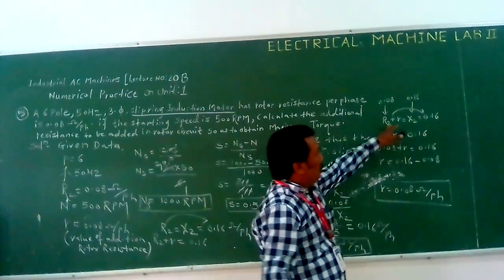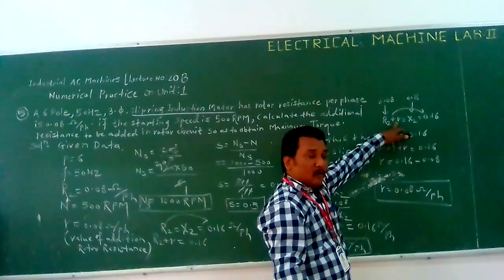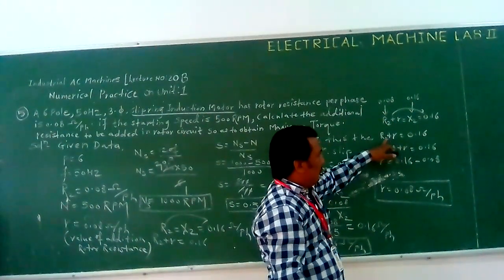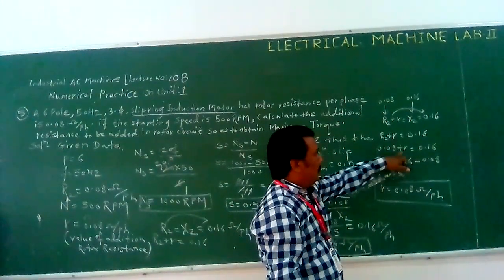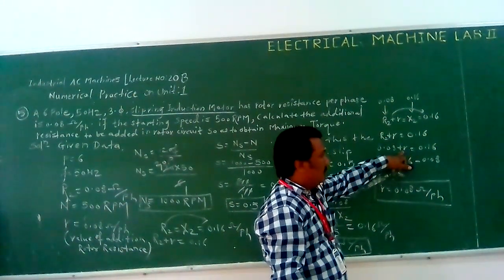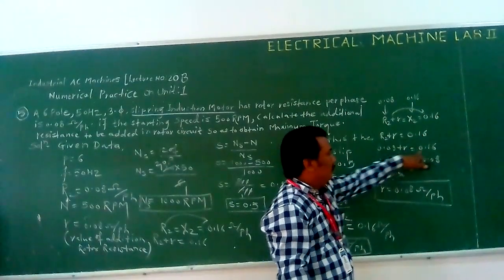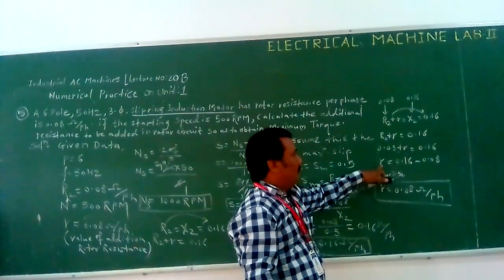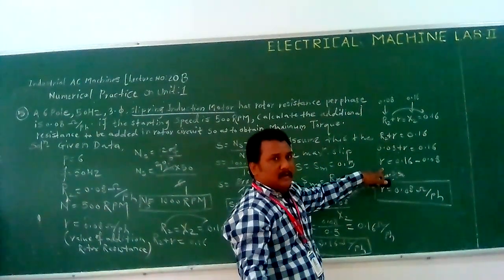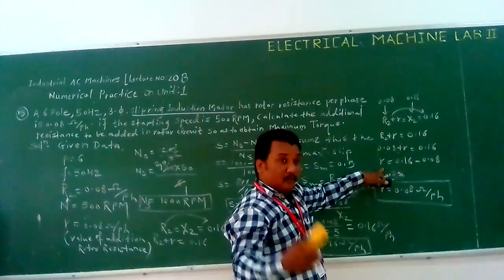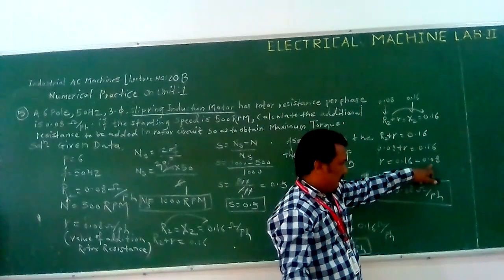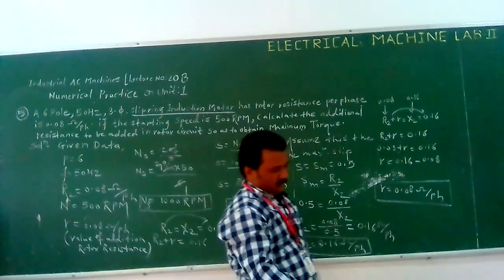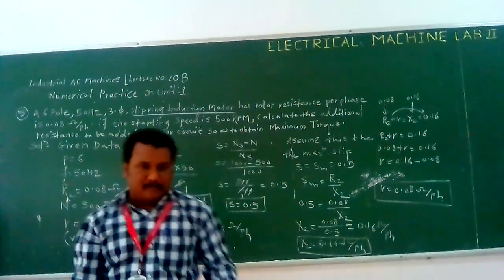From this we calculate the additional resistance: 0.08 plus small r equals 0.16. Finally, the rotor resistance to be added externally is 0.16 minus 0.08, which is 0.08 ohm per phase.